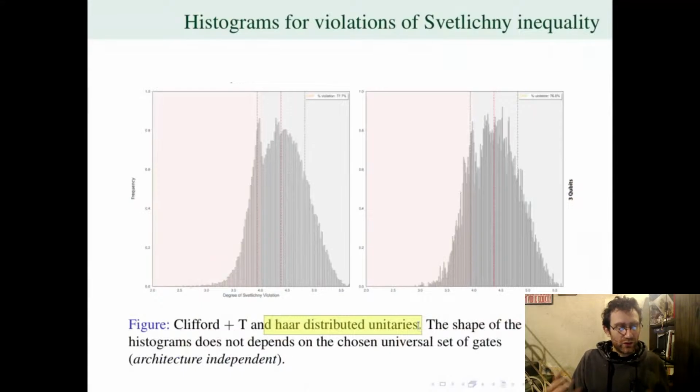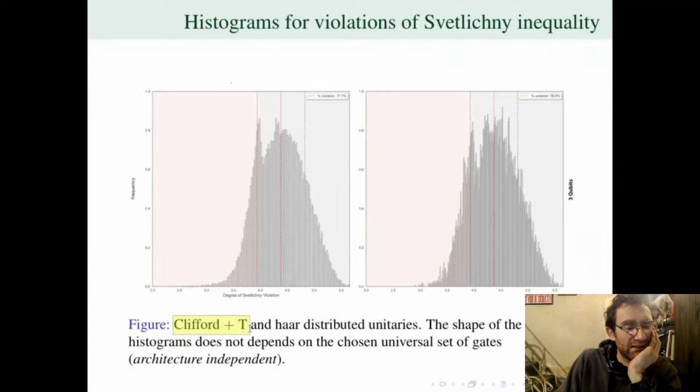Using different methods, we compute these histograms and we obtain essentially the same results, proving that our method for producing quantum random circuits works well, at least for 3 qubits. This is important. And what is important here is that the Clifford plus T set is complete and universal.